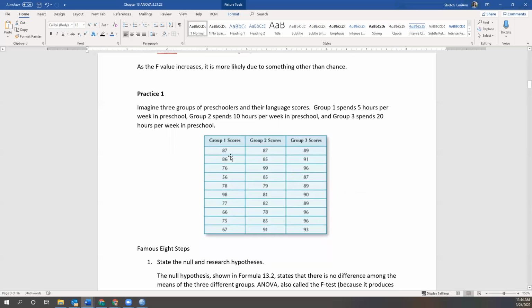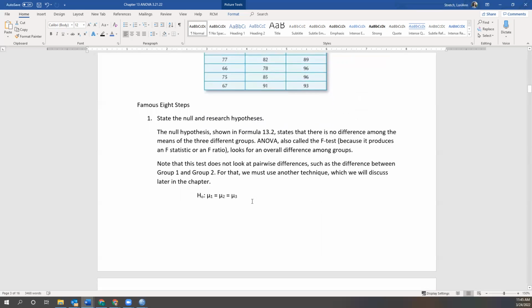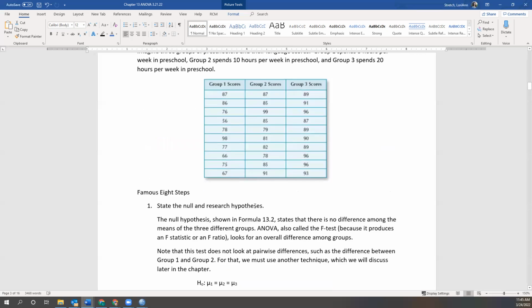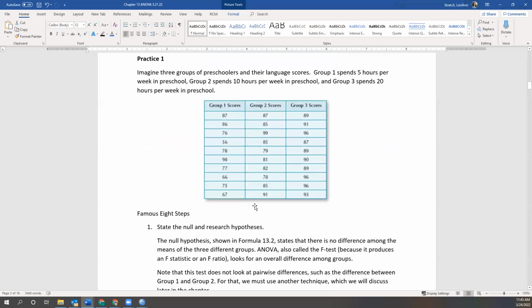Now, we're going to look at this particular example where we're looking at preschoolers and their language scores. So group 1 spends 5 hours per week in preschool, whereas group 2 spends 10 hours and group 3 spends 20 hours. So we're going to state our null hypothesis, which of course is that there is no difference, right?